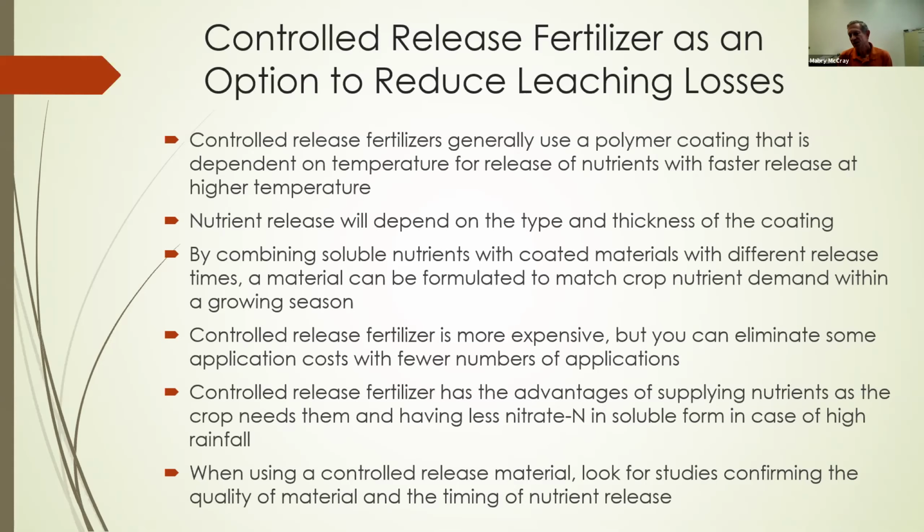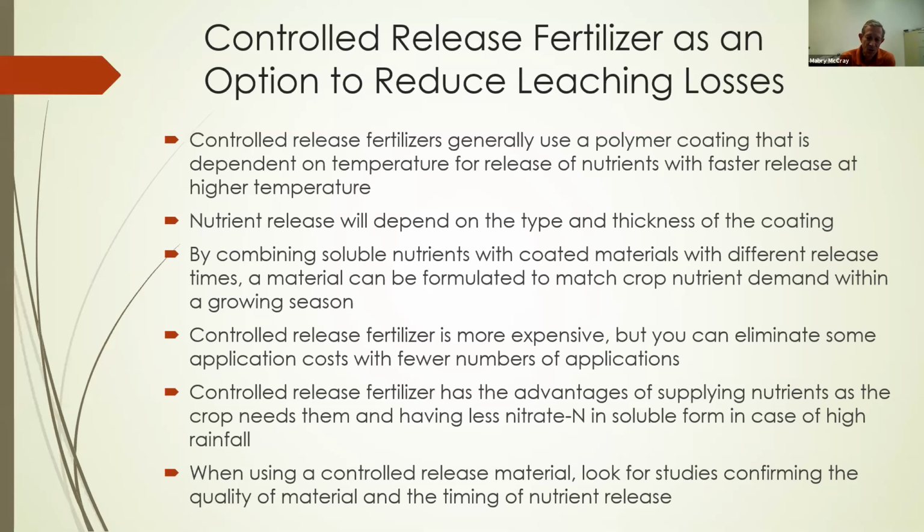Control release fertilizer has the advantages of supplying nutrients as a crop needs them and having less nitrate and nitrogen in soluble form in case of high rainfall. In a lot of cases, you wouldn't necessarily have to apply this as just one application during the year. You might apply a blend of soluble and control release the last time that you can get in the field with ground equipment.